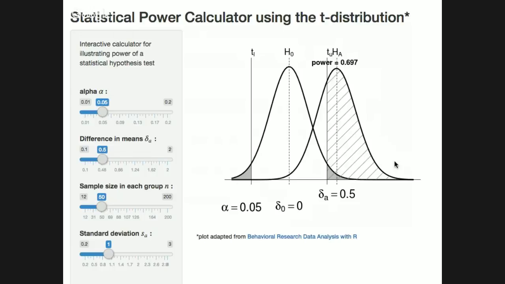So does this logic make sense? We've assumed that this alternative hypothesis is true, and we're calculating the probability under this alternative sampling distribution of getting a test statistic in our rejection region for the hypothesis test.